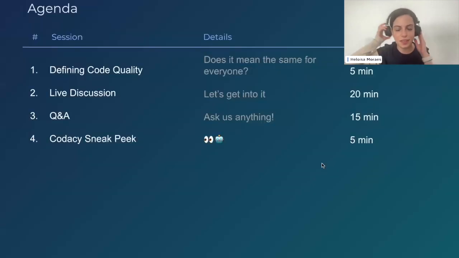Very short agenda for today is, obviously, we're going to have a casual conversation here between Jeroen and Lorenzo. They're going to talk about linters, configuration, what it's like for users, for linter authors, and so much more, starting by defining what is code quality, which may not mean the same thing for everyone. Then a nice live discussion, a Q&A where you're going to have a chance to ask all of your questions.